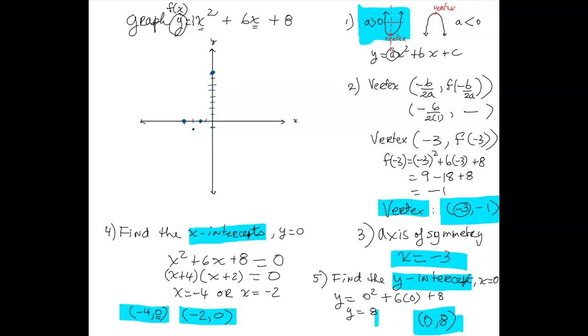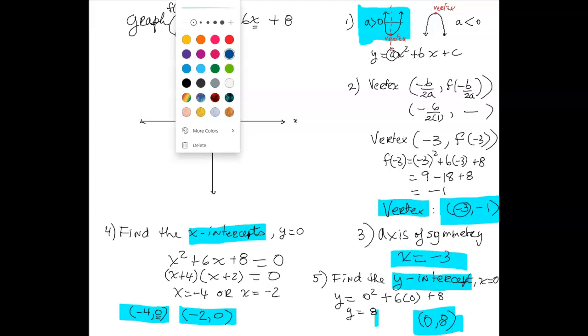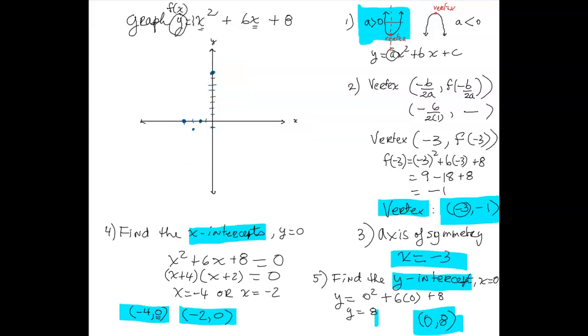And then my axis of symmetry would be that invisible line. We usually use a dashed line. It's not perfect though. It's supposed to be vertical. It passes through the vertex, and that's x equal to -3. Makes sense. We did linear graphs, and a vertical line is always x equal to some value.